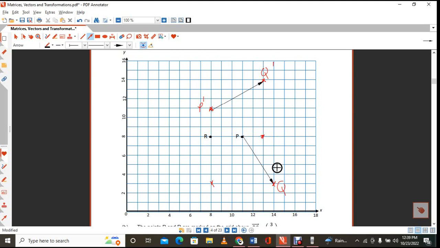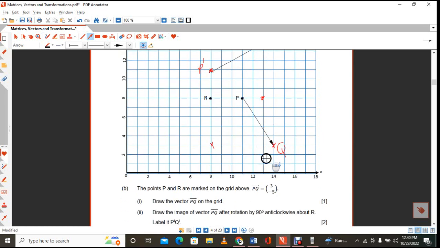And 1, 2, 3, 4, 5, 6 across. Correct. Okay, so we have labeled it. So we have P dash, Q dash. You can also work with the coordinates in order for you to find those missing points.